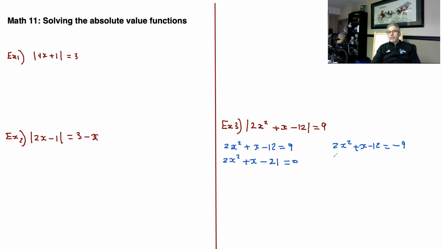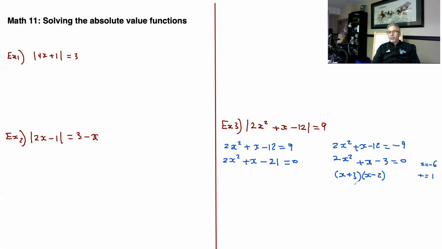This here will be 2x squared plus x minus 3 equals 0. This here factors, two numbers multiply to give me -6, because 2 times -3, and add to give me 1. They are x plus 3, x minus 2.